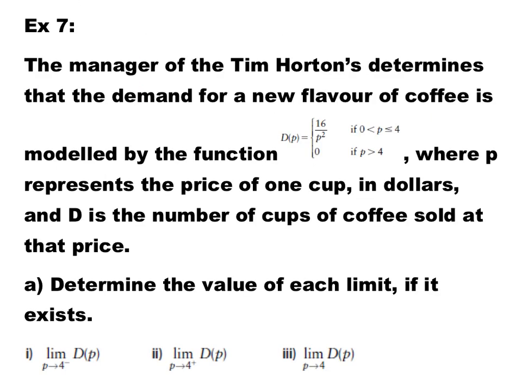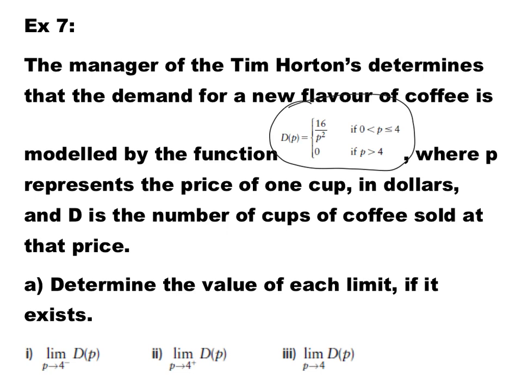The next example is a word problem which says that you have a Tim Horton restaurant that determines the demand for a new flavor of coffee is modeled by this function, where D is the number of cups of coffee which is sold, and P is the price of single cup of coffee.